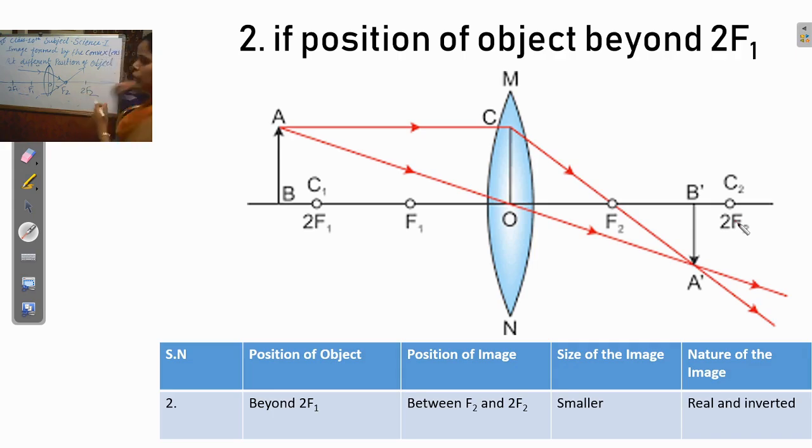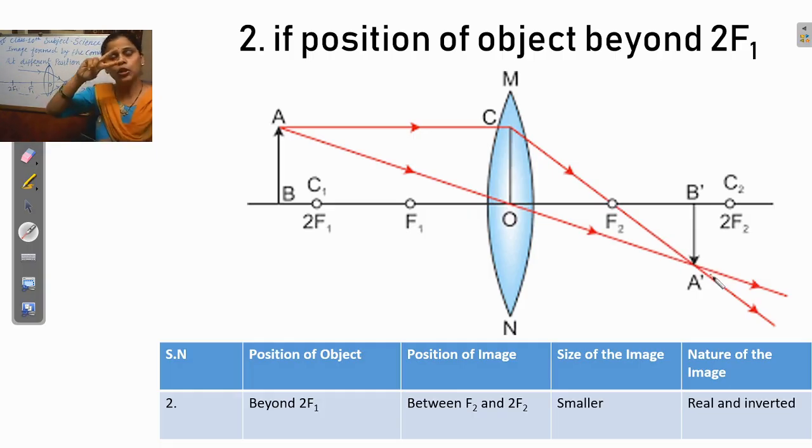So condition number 2, if the position of the object is beyond 2F1, then draw the light rays. The first light ray is parallel to the principal axis, and by the first rule, after refraction it passes through the principal focus. So draw this line.